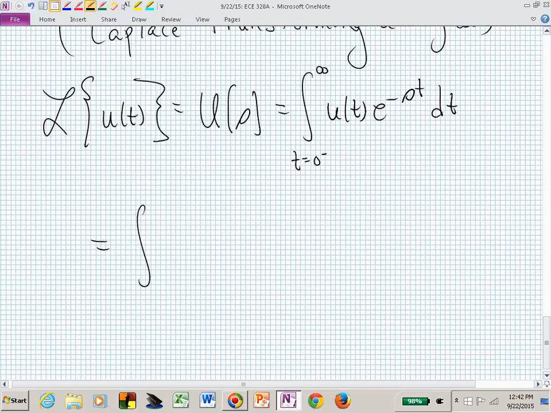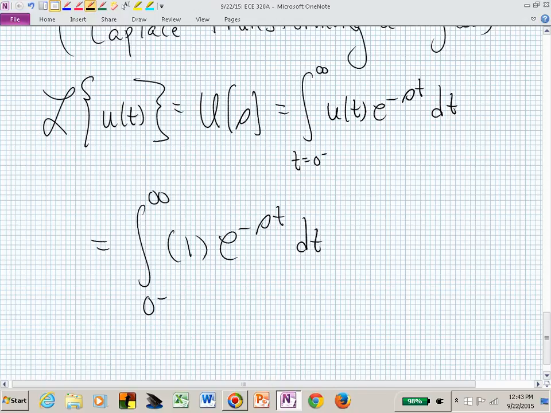What does u of t, that function of time, what kind of values does it take on over this window that we're integrating over? It only assumes one value, and that one value is actually 1. In this case, we can replace u of t with 1, and we will integrate again from 0 minus to infinity.